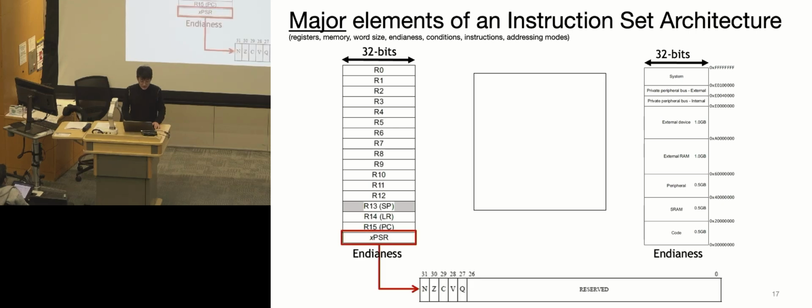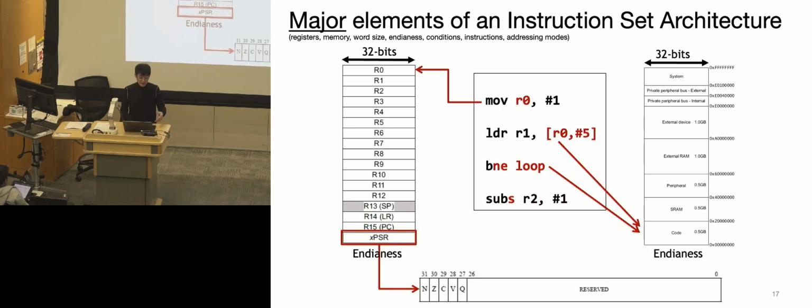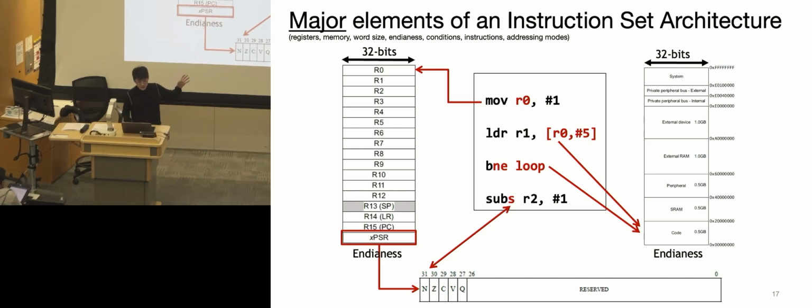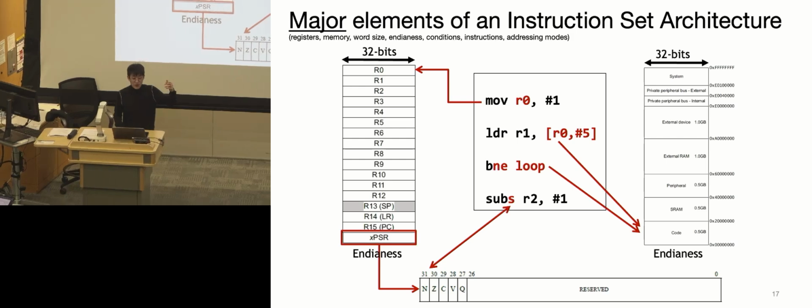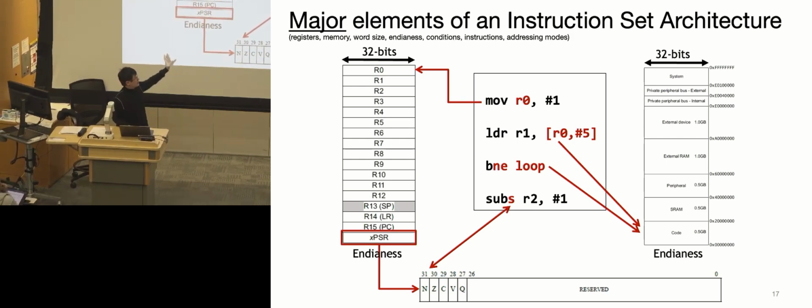This is one more example of what a program looks like and how the memory is going to handle it. On the left are the registers. On the right is the memory that holds all this information. In the middle are example programs that are running. First, we do a move: we put the number 1 into register 0.